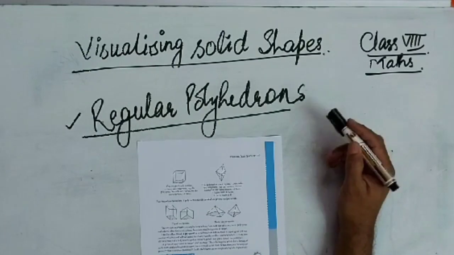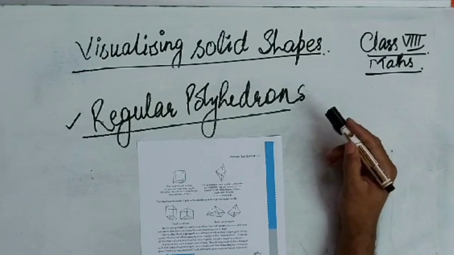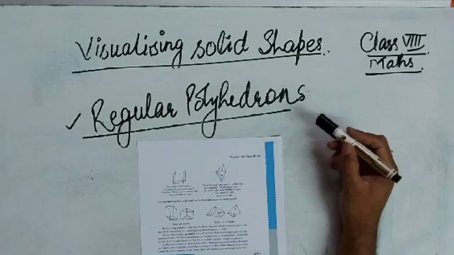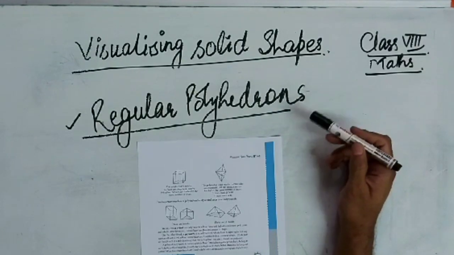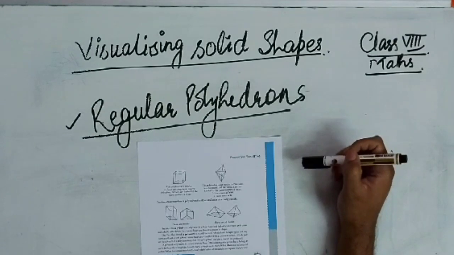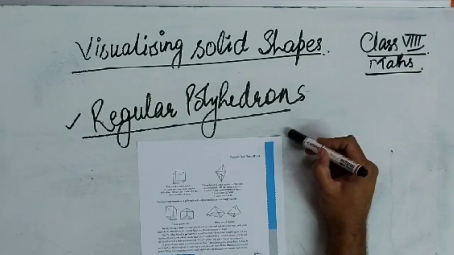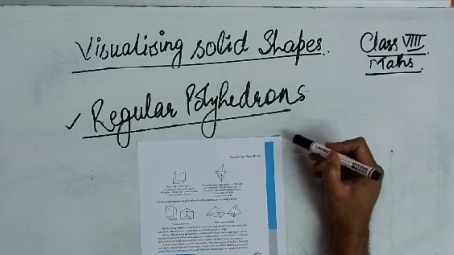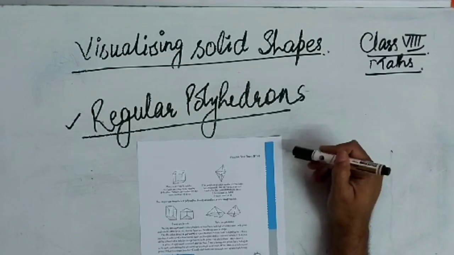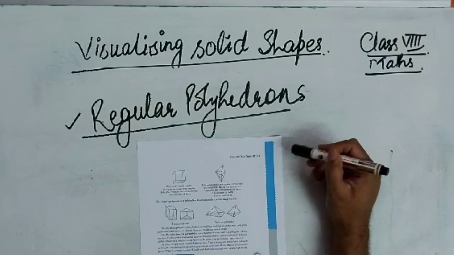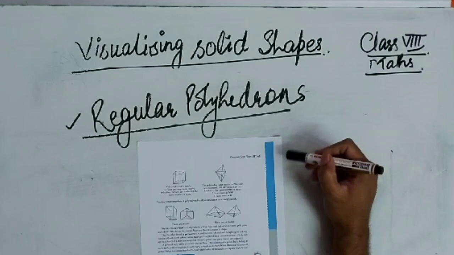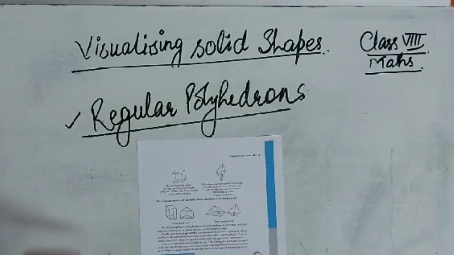That is, all the faces of a polyhedron have the same shape as well as the same size. So all polyhedrons having the same faces are known as regular polyhedrons. The best example is the cube. A cube is a regular polyhedron.